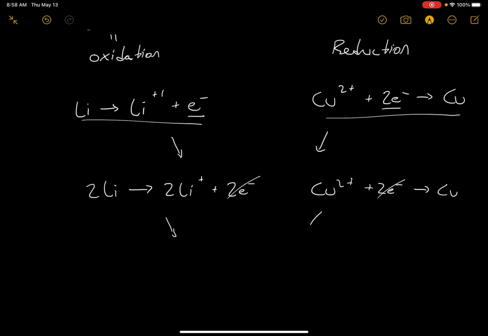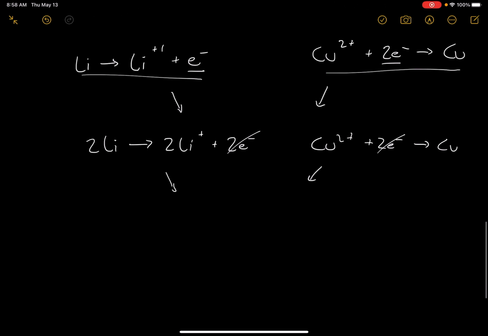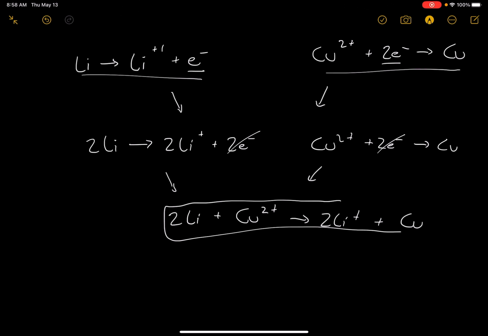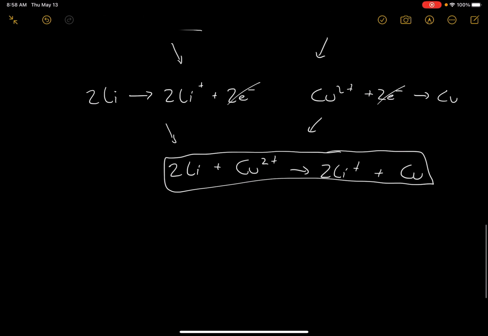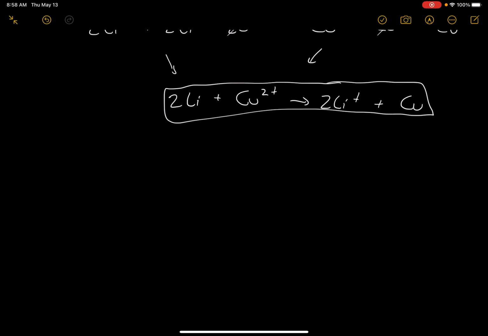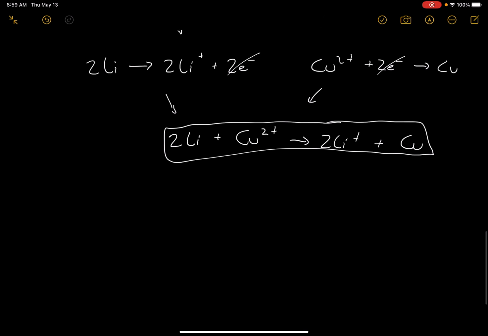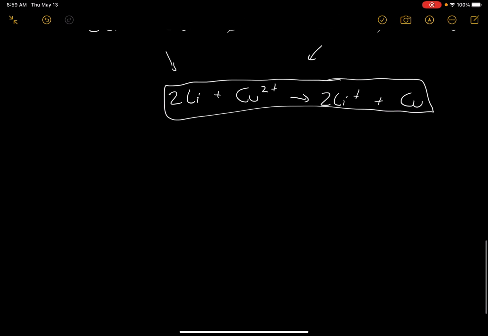And so now we can combine these into one chemical reaction called an oxidation-reduction reaction, otherwise known as redox. So we'll write it as 2 Li plus Cu2+, and this goes to 2 Li+ plus Cu. All right, so that would be our balanced redox reaction. One of the last things that we talked about was being able to identify when you're looking at a redox reaction.